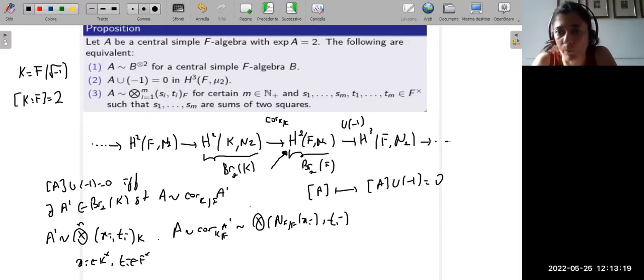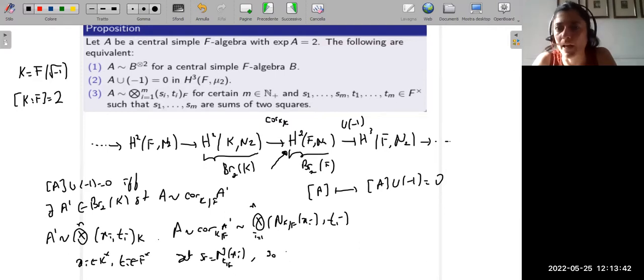This is the projection formula. Now I set s_i equal to this norm of x_i. The x_i are in K, and the norm of an element in this field extension is a sum of 2 squares.